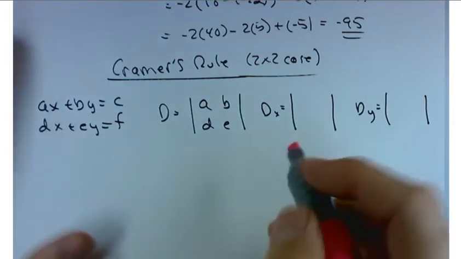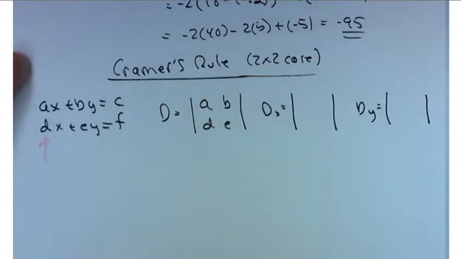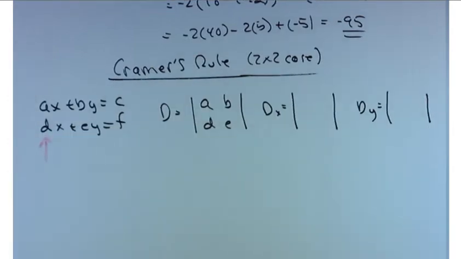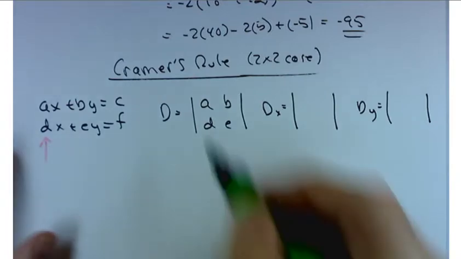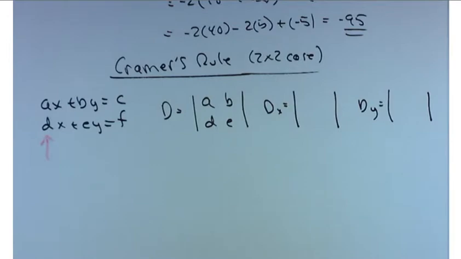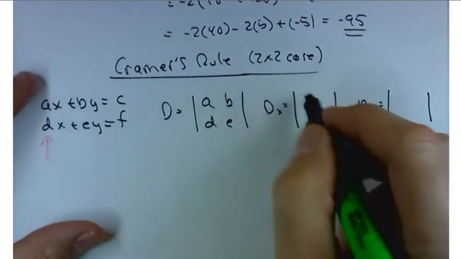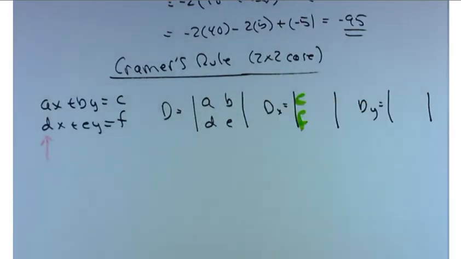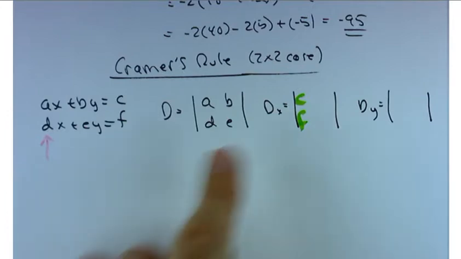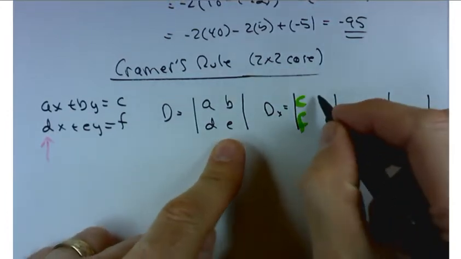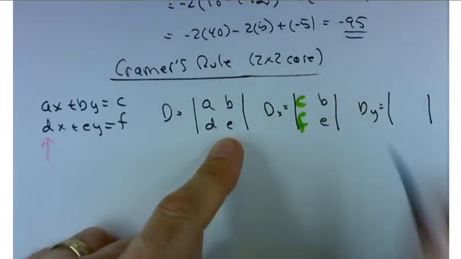To find Dx, I'm going to replace the column of x's by the column on the right-hand side. So instead of a and d, I'm going to write c and f. Now the rest of the matrix stays the same. So c and f here, and b and e here.